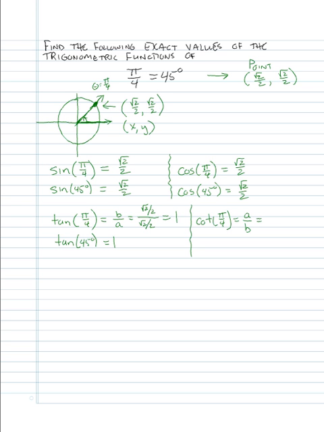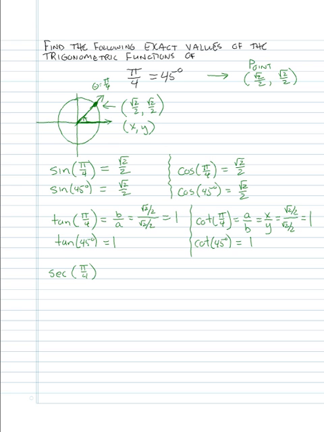So we could say it's the x value divided by the y value. That would work just fine. Well, in this case, the x value of that point is the square root of 2 over 2, and the y value of that point is the square root of 2 over 2. So, of course, that's a 1 again. And likewise, that would tell us that the cotangent of 45 degrees is also 1.